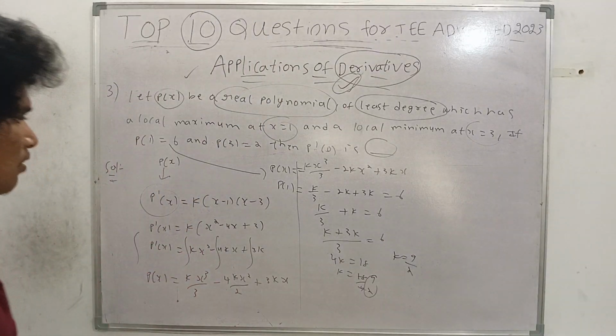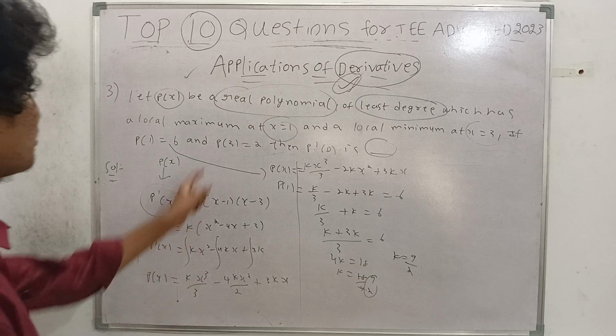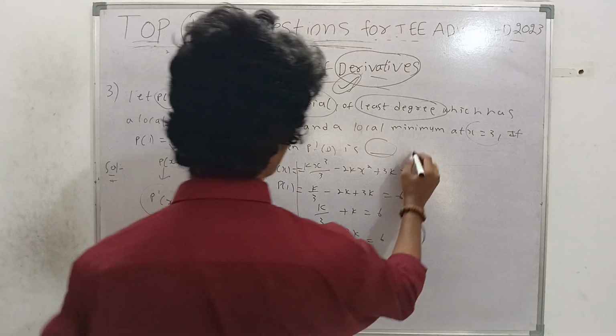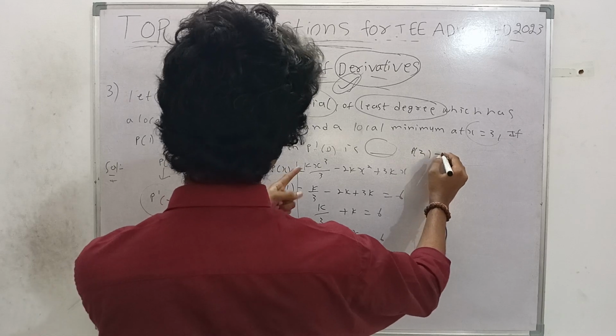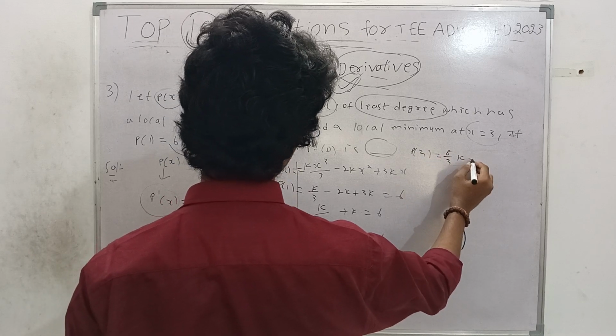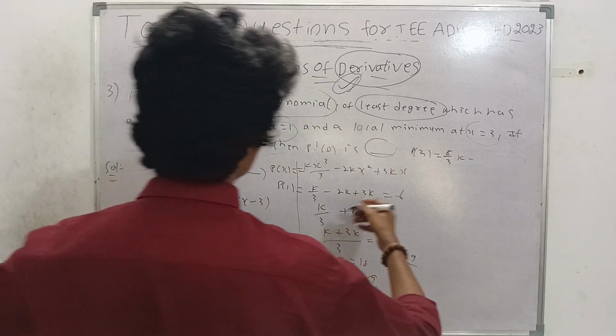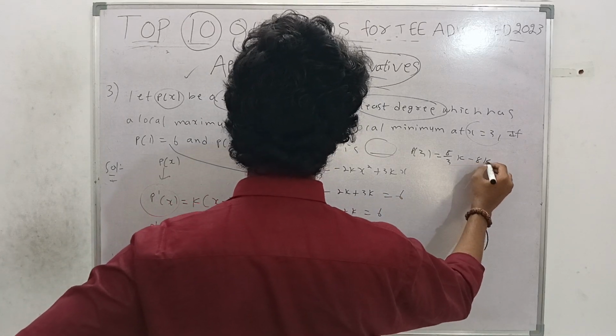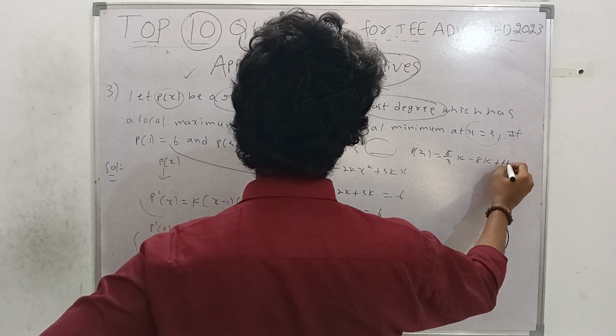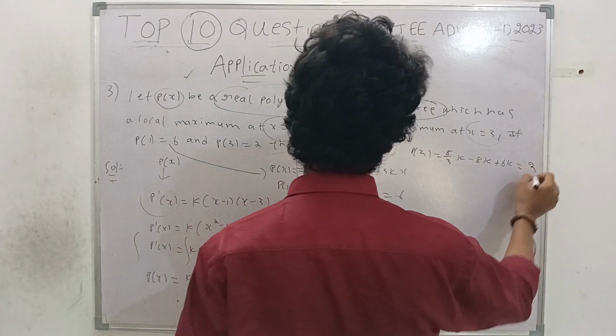And after that, what can you do? When it is P of 3, P of 3 is 3 cube, that is 27 by 3 into k minus 2 into 9k plus 9k equal to 2.